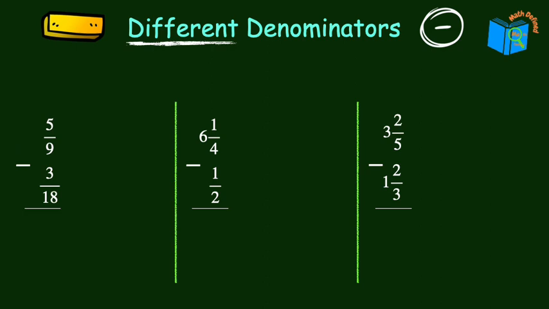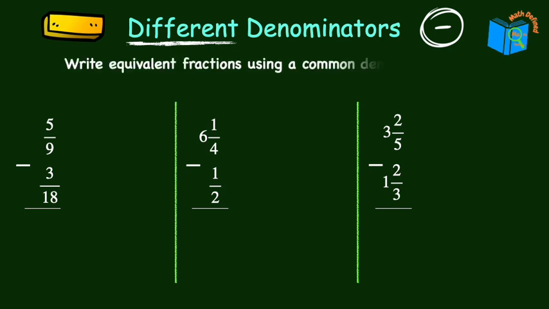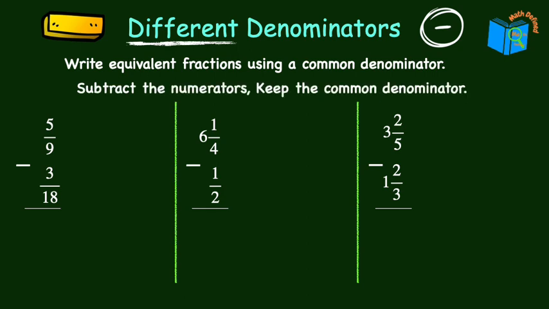I'm going to finish up with subtracting fractions and mixed numbers that have different denominators. Just like with addition, the fractions must have the same common denominators before we can subtract the numerators. Starting with 5/9 and 3/18, we can see that they share a common multiple of 18.